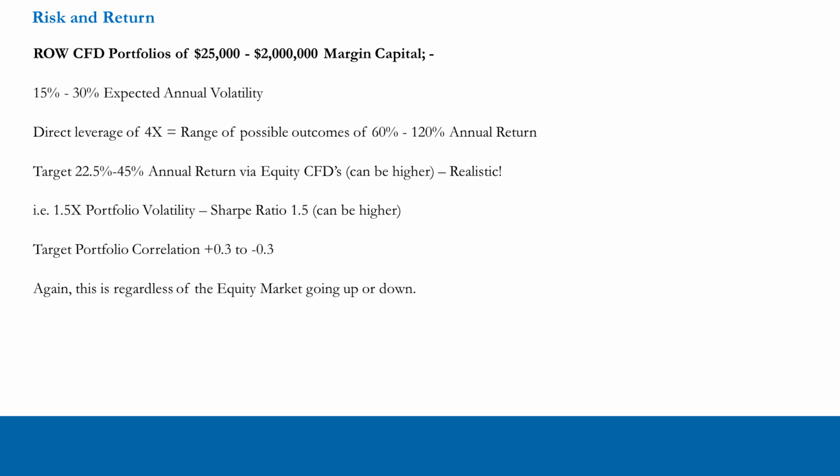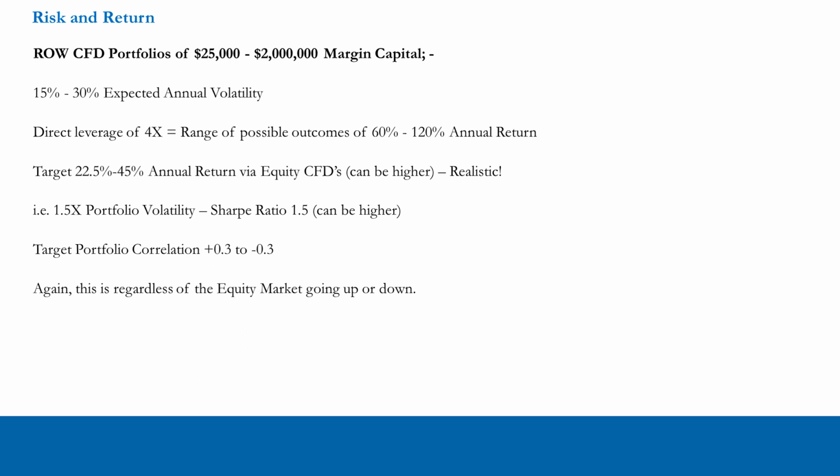So the range of possible outcomes on that volatility is 60 to 120% annual return. However, realistically, we're looking at between 22.5% and 45% annual return and targeting a minimum of 1.5 times portfolio volatility in terms of return. So we're looking at a Sharpe ratio of 1.5.